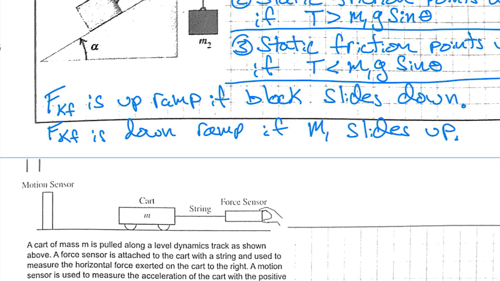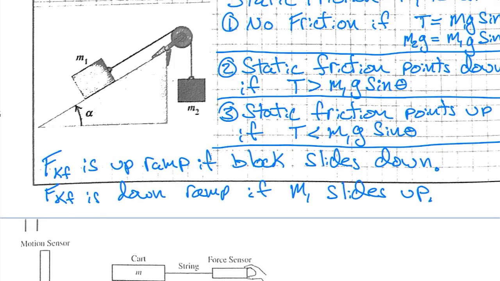And that should make sense, right? The kinetic friction is going to be in the opposite direction of motion. So if m1 is moving up the ramp, friction points down. If m1 is moving down the ramp, then friction is going to point up.